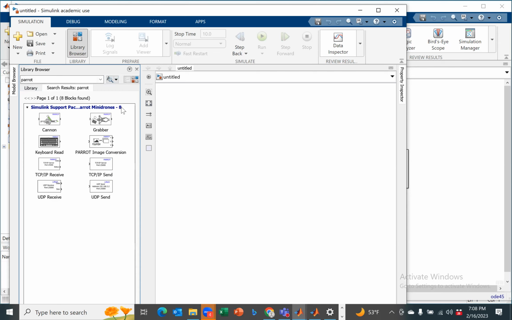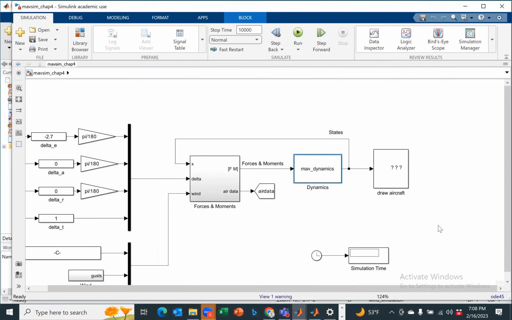We can use these blocks. Any other question, other blocks?